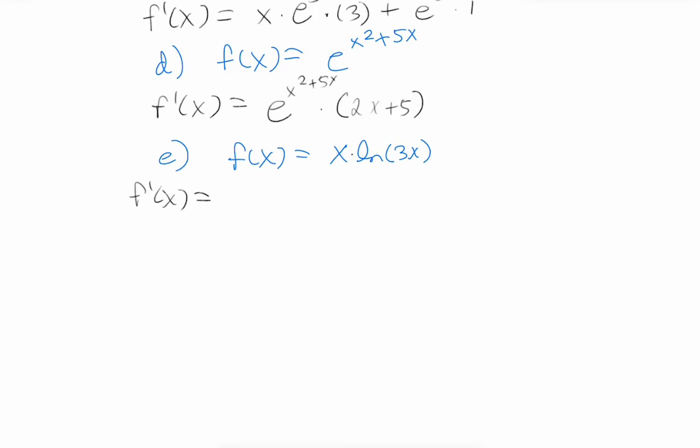So we're going to do first times the derivative of the second. Well, that's a natural log with a chain rule. It's still 1 over that thing times the derivative of that thing. 1 over that thing is the way natural logs normally work, but it's 1 over the function times the derivative of the stuff. So if it was just x times the natural log of x, it would be 1 over x times 1.